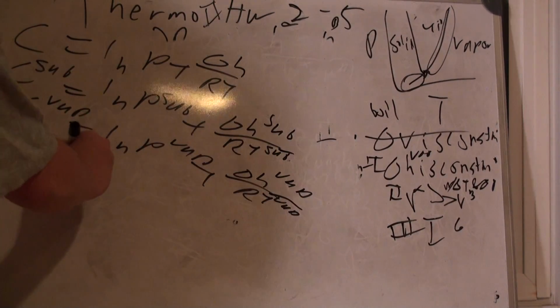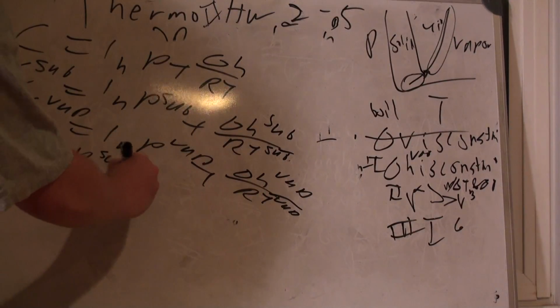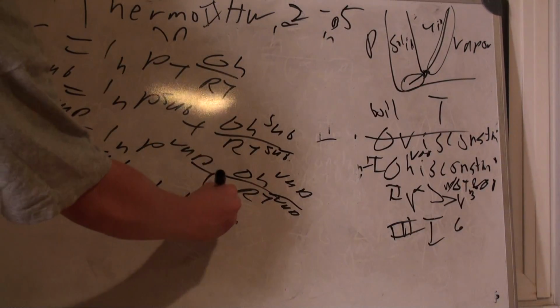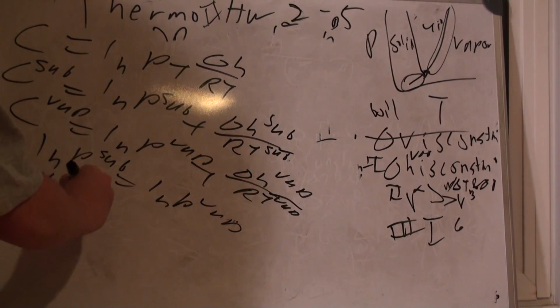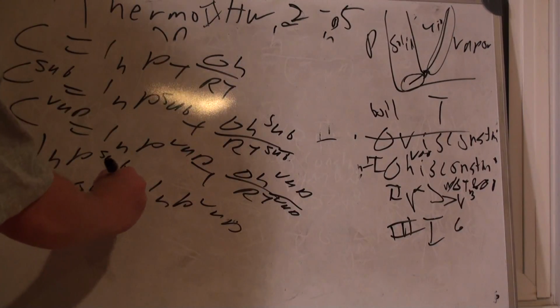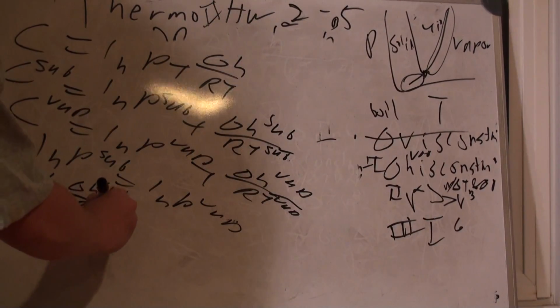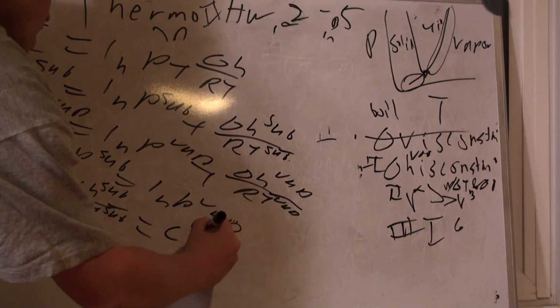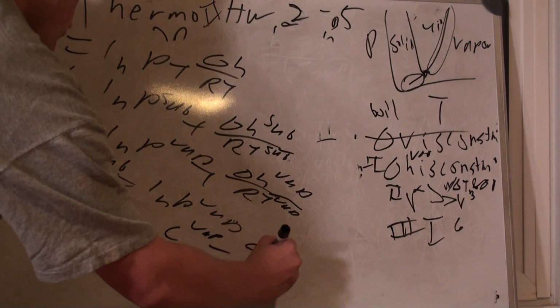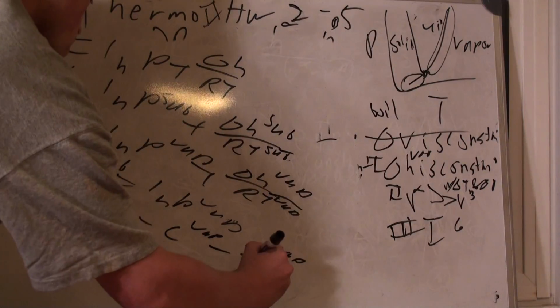So that the natural log of P sub is equal to the natural log of P vape, which says that C sub minus delta H sub over R T sub is equal to C vape minus delta H vape over R T vape.